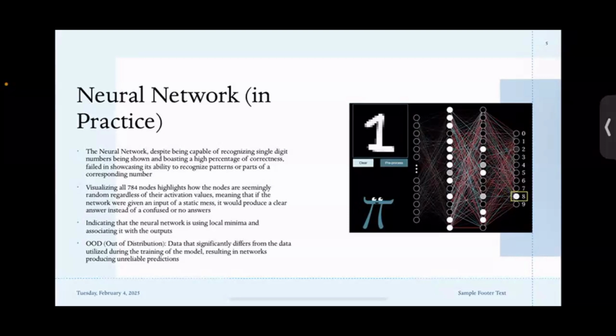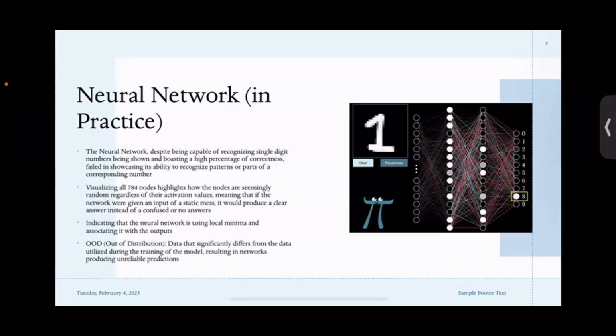So the picture to our right is actually an example of when you write a specific number in a certain way, and then the neural network won't be able to correctly identify it as that number.